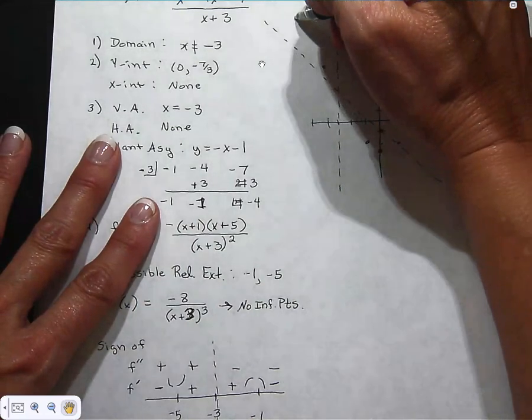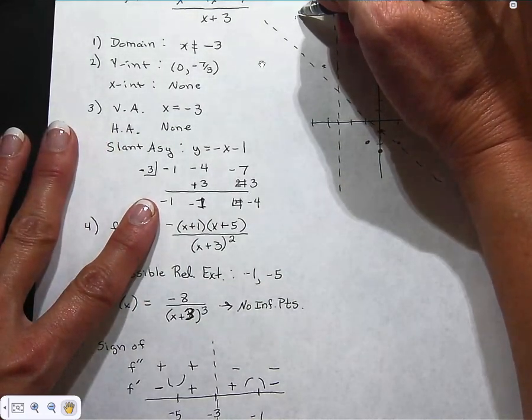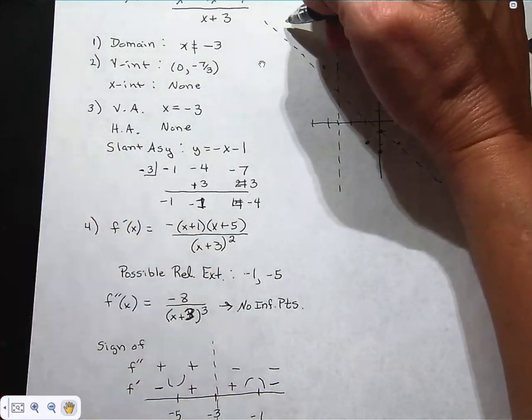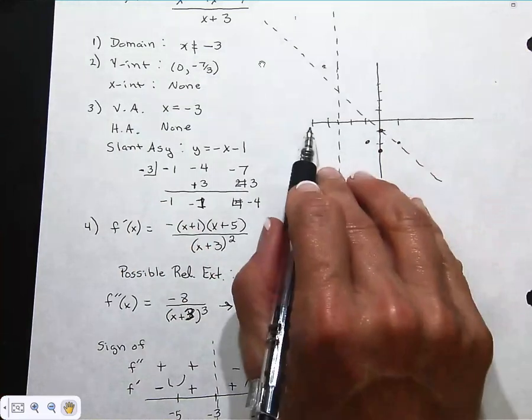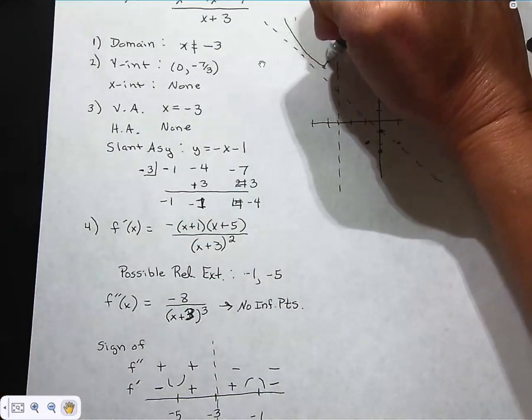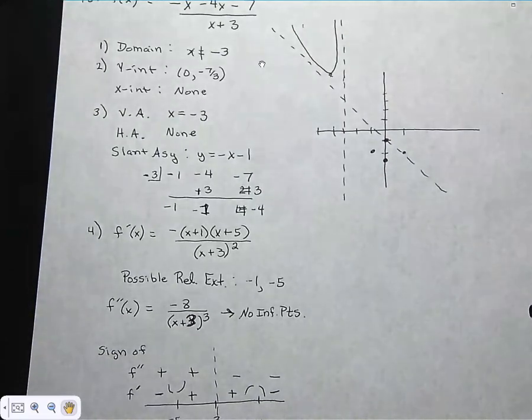So decreasing, something's bugging me, decreasing, oh, -5's right here. It's decreasing up to that point, and then it's increasing, and it's concave up.